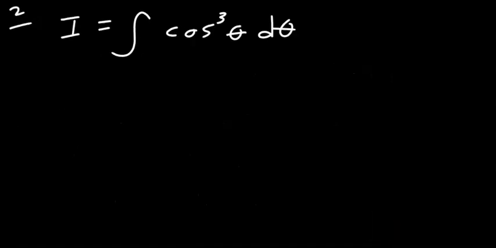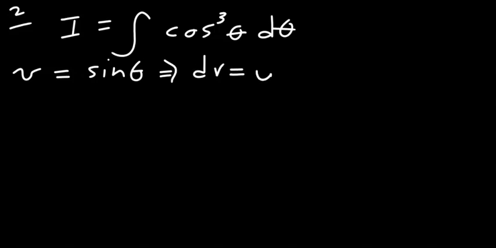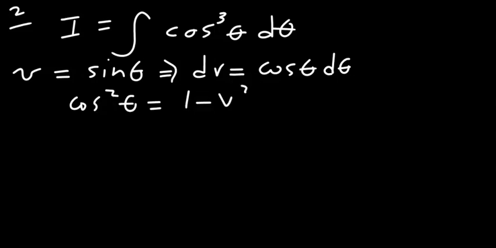What about this integral? You see that the power of cosine now is odd, so we could try the following substitution, v being sine theta, and that means dv is cosine theta d theta, and that also means cosine squared theta is 1 minus v squared.